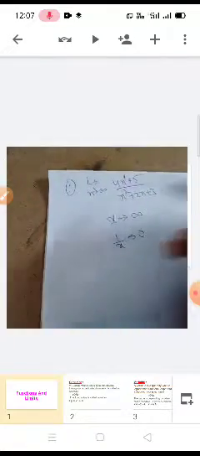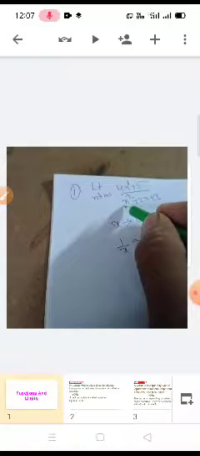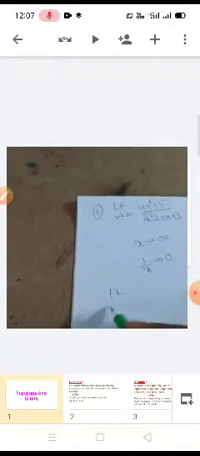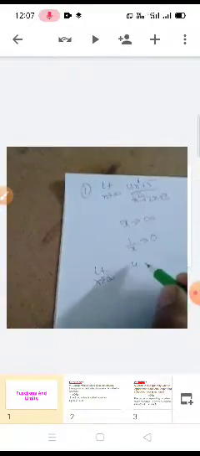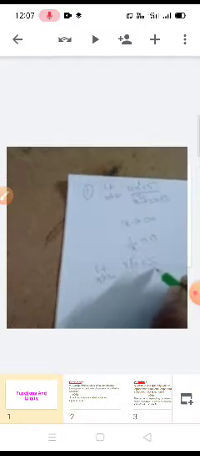For that, we have to take the highest power of the variable. In the numerator the highest power is 1, so we take x common. In the denominator the highest power is square, so we take x square common. Limit x tends to infinity, taking x common gives x times (4 plus 5 by x).